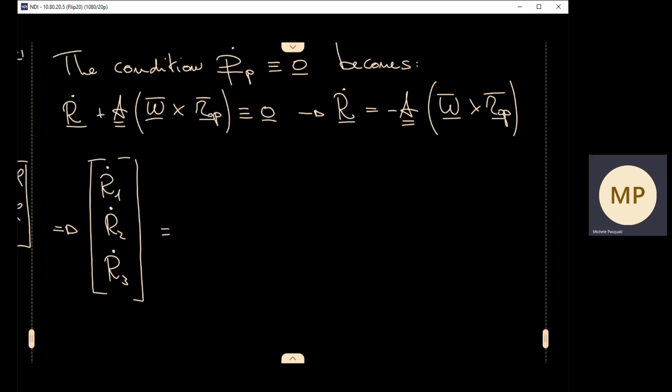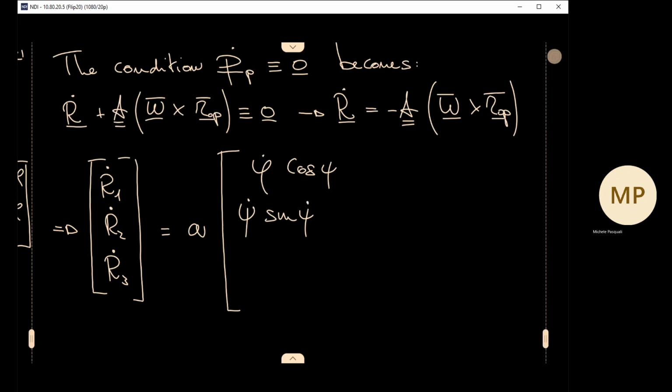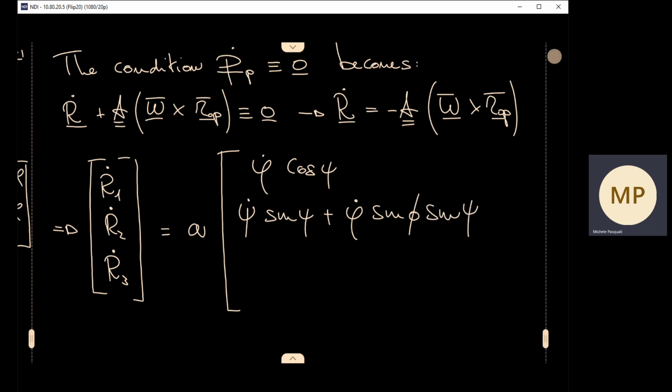Let's say we just put everything together: A, which is the radius, applied over phi dot cosinus of psi, psi dot sinus of psi, without the dot, plus phi dot sinus of capital phi, sinus of psi.